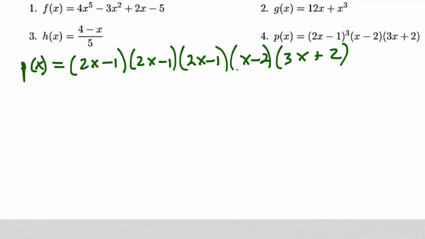Okay, looking at number 4, there's 2 ways you can tackle this. So the first thing I'm going to do is I'm going to expand out. I've got a cube here, so that means I got 3 of this factor here. Notice this polynomial is written in factored form. So I've got 1, 2, 3.